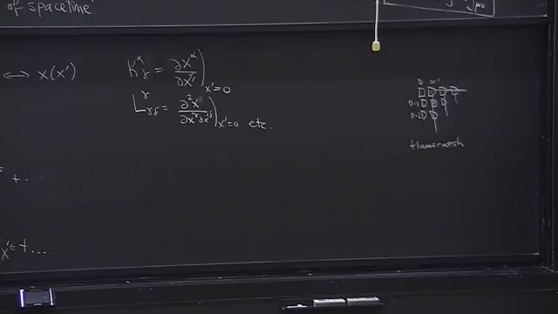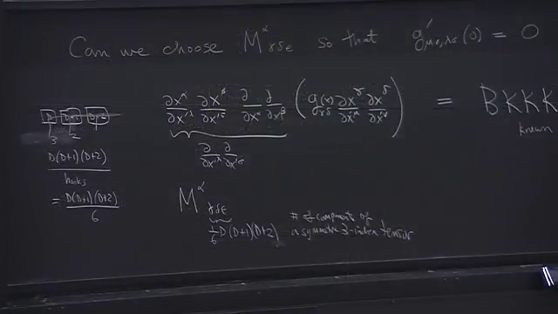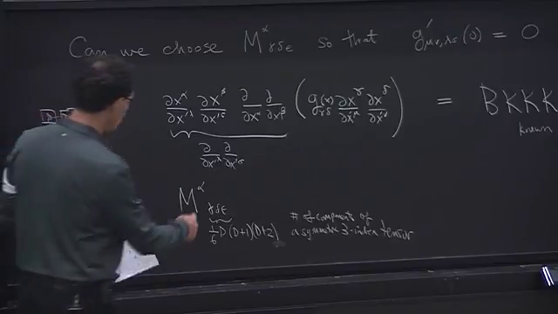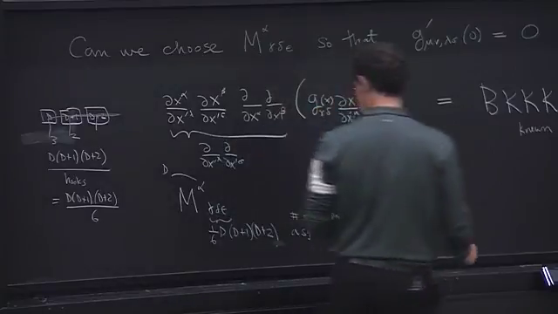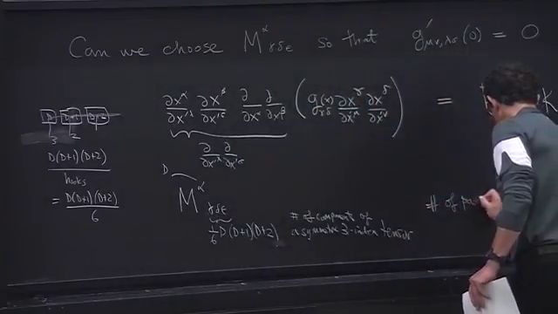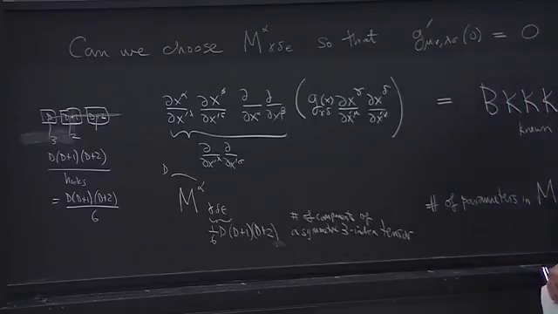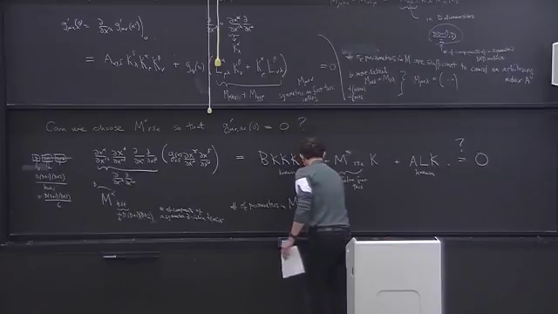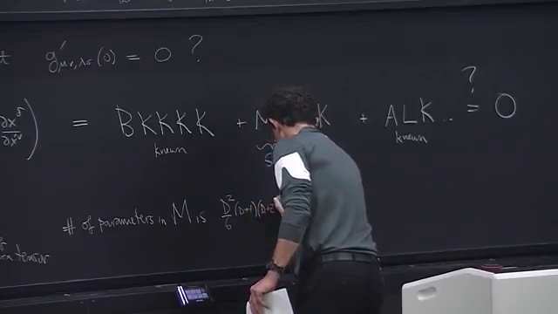So anyway, it's not hard to check this formula for various D. So that's the number of components of these three indices, and this guy is D. So the number of parameters in M is D squared over 6 times D plus 1 times D plus 2.